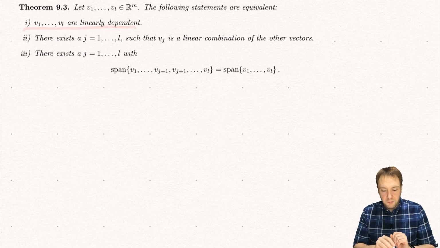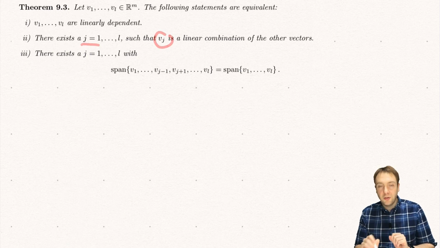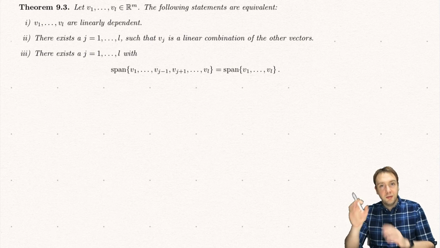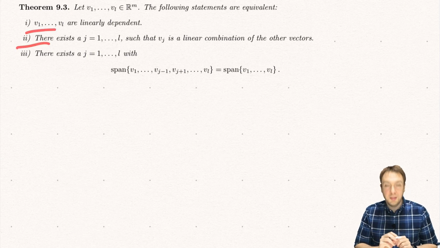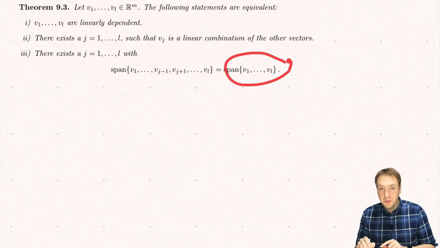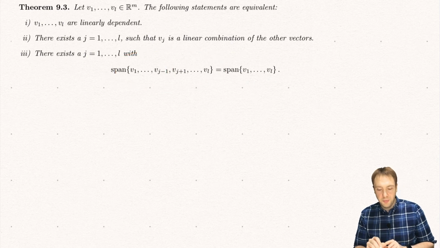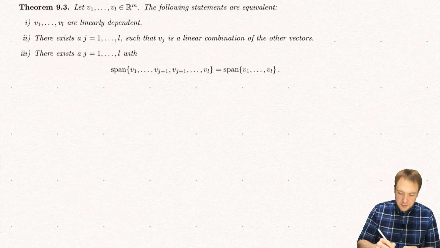Then this statement is equivalent to: there exists a j, so one of these v's, such that this vj is a linear combination of the remaining vectors, like we did in the example where j was 3, so v3 was the linear combination of v1 and v2. And this is also equivalent to saying that the span of all of them is the same as the span where we just leave out this vector vj. These three statements are equivalent.